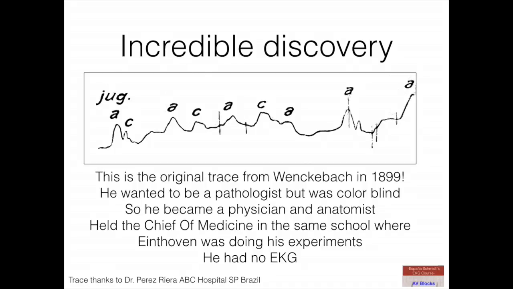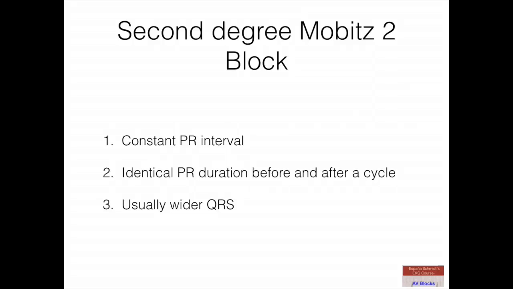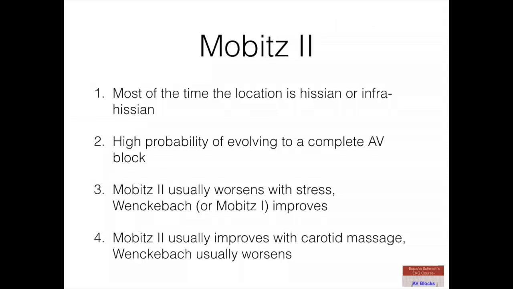So now I would like to continue with the second-degree Mobitz 2 block. There is a constant PR interval and an identical PR duration before and after a cycle, and there is usually a wider QRS. Most of the time, the location is Hissian or infra-Hissian for the Mobitz 2 block.